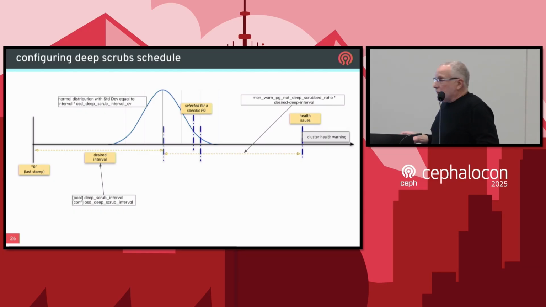So now, the basic idea is that for deep scrubs, you as an operator set two things. One is the desired interval. This is what used to be the week or the month or whatever. This is how frequently you wish deep scrubs to be performed. And remember, deep scrubs are not just for bugs.